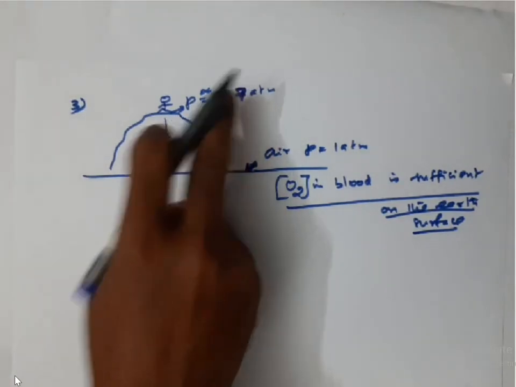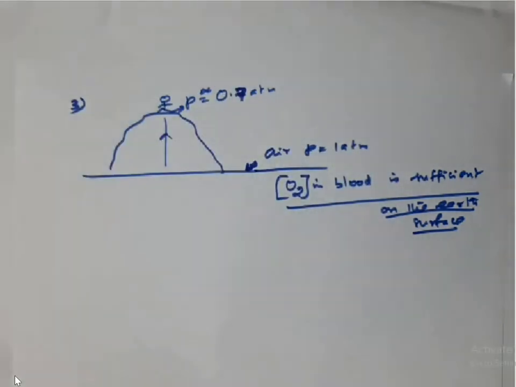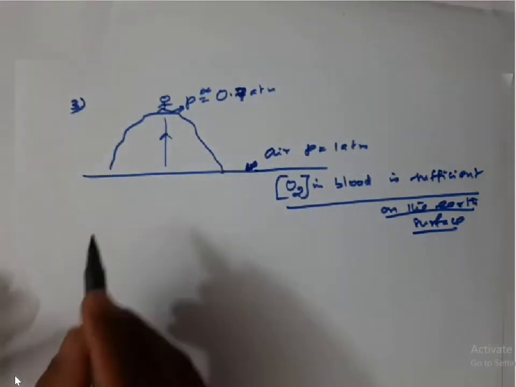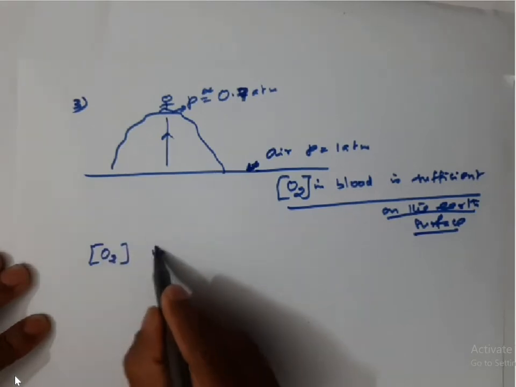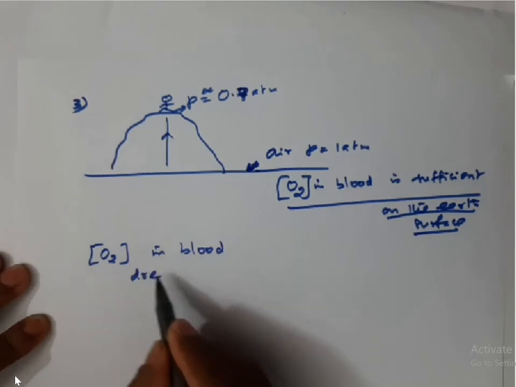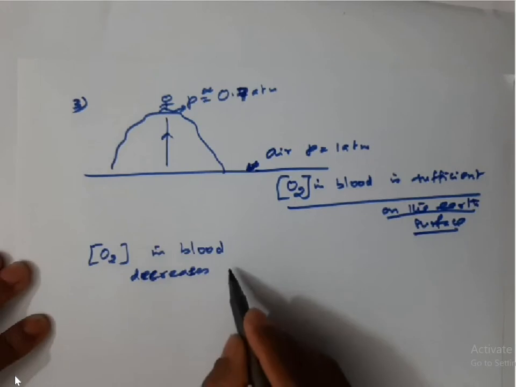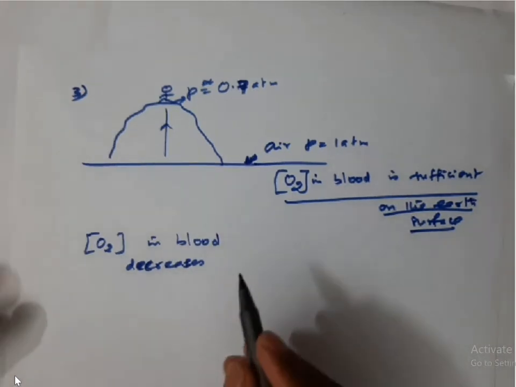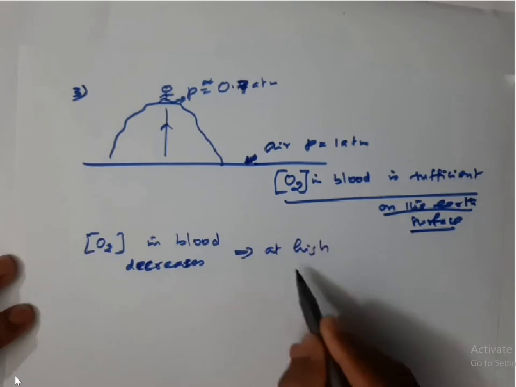Therefore, dissolution of oxygen in blood also decreases. So oxygen concentration in blood decreases when the person reaches high altitude.